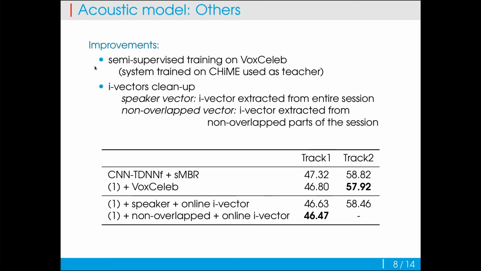Still, though, the CHiME dataset is not so large and the speaker variability in the training set is not so high, so including the additional data in the training can be helpful. And we can see this in the results, where using the VoxCeleb dataset does bring improvements. I don't have this in the presentation, but we have seen similar trends also in end-to-end ASR systems, where some unsupervised pre-training with VoxCeleb data helped the systems.